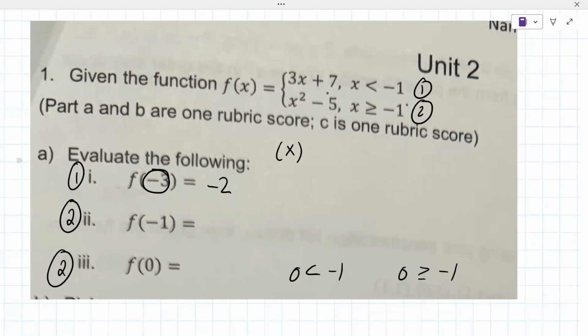It's really parentheses x squared minus 5. So a -1 goes into the x. You're putting -1 in for x in parentheses. Okay, try it again.